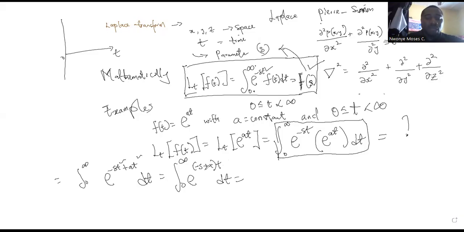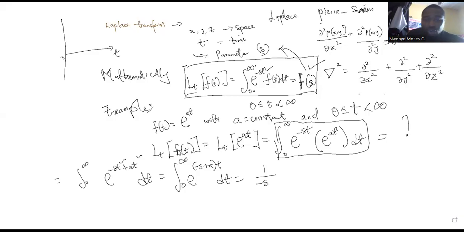From our integration, if I integrate this particular expression over here, what I'm going to do is very simple. I'm going to divide this by 1, so I have 1 upon that particular function that is beside the t.